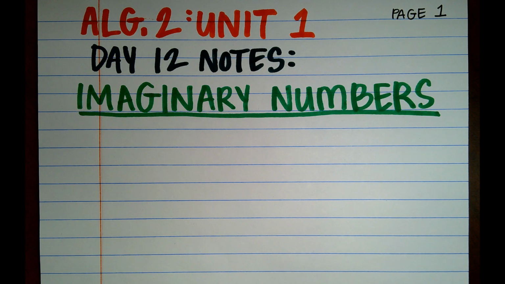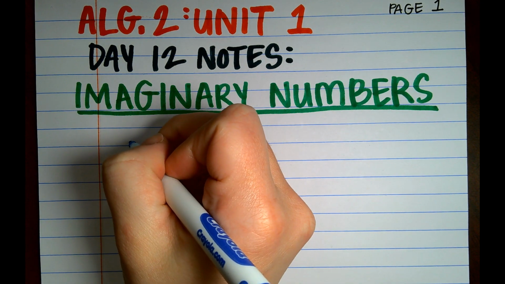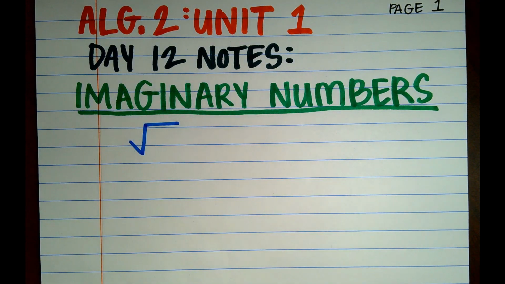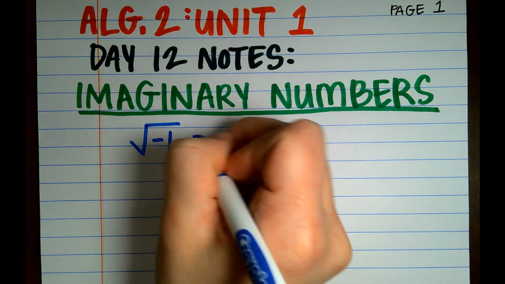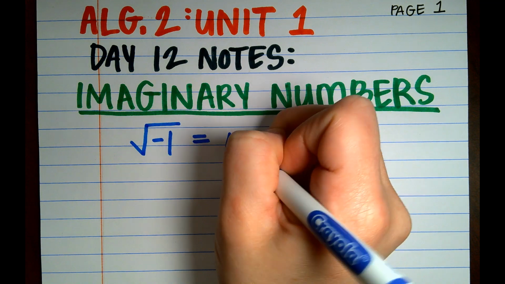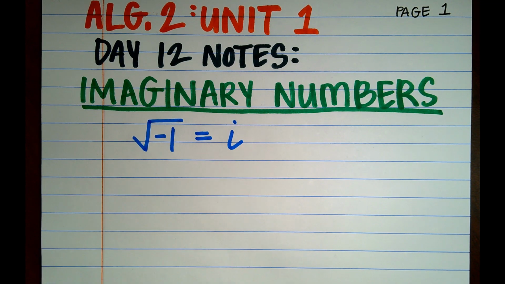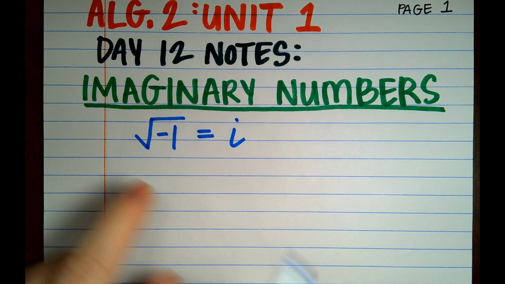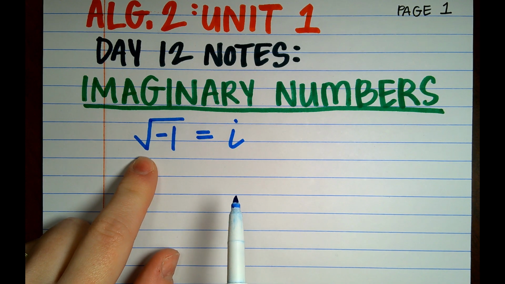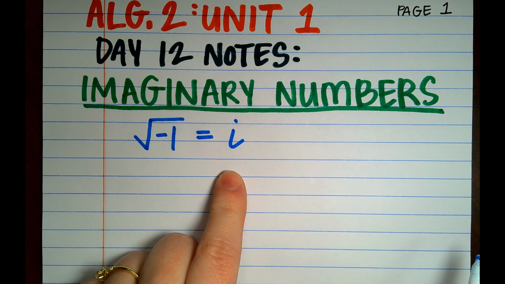So the way that we write an imaginary number, or the way that we define it, would be the square root of negative 1 equals i. This is the very fancy, complicated symbol they came up with for imaginary numbers. The square root of a negative does not exist, so we say that it is imaginary.